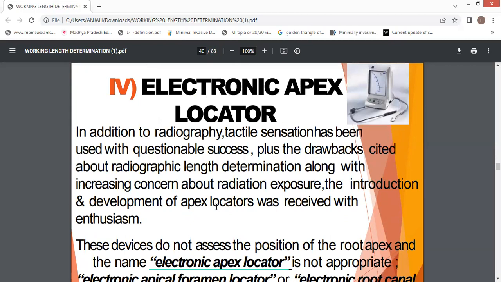The fourth method in non-radiographic methods of determination of working length is electronic apex locator. In addition to radiography, tactile sensation has been used with questionable success. Thus, the drawbacks cited about radiographic length determination, along with increasing concern about radiation exposure, the introduction and development of apex locators was received with enthusiasm.